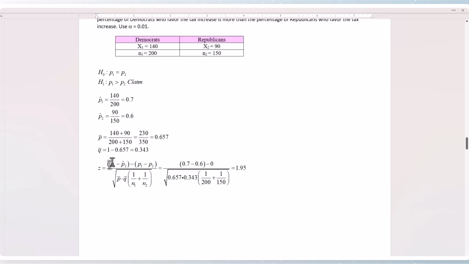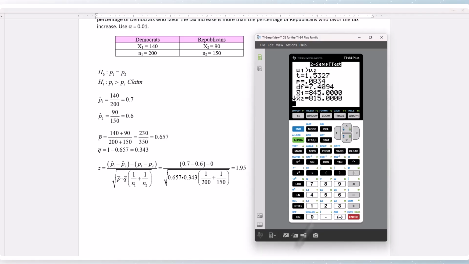So we have 0.7 minus 0.6 minus the difference in the population proportions, which is 0, over the square root of P bar 0.657 times Q bar 0.343 times, in parentheses, 1 over 200 plus 1 over 150. When we calculate that, we get 1.95.